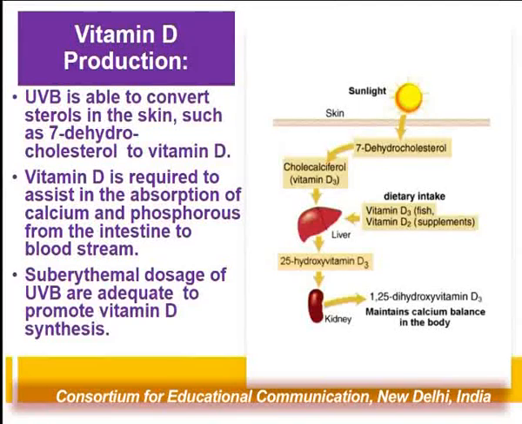UVB is able to convert sterols in the skin, such as 7-dehydrocholesterol, to vitamin D. Vitamin D is required to assist in the absorption of calcium and phosphorus from the intestine to the bloodstream. Suberythemal doses of UVB are adequate to promote vitamin D synthesis.